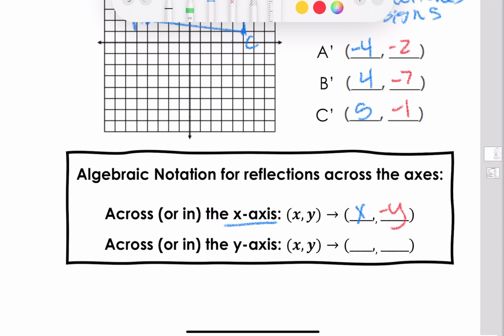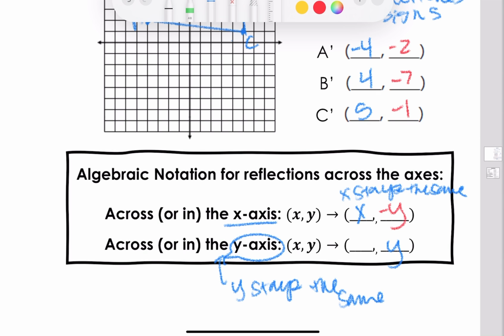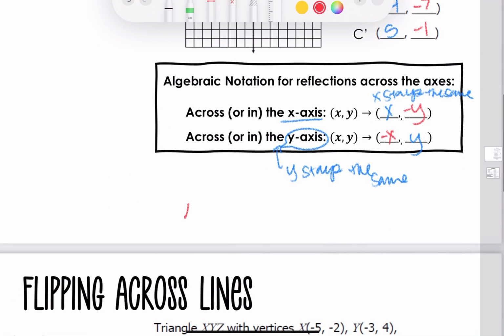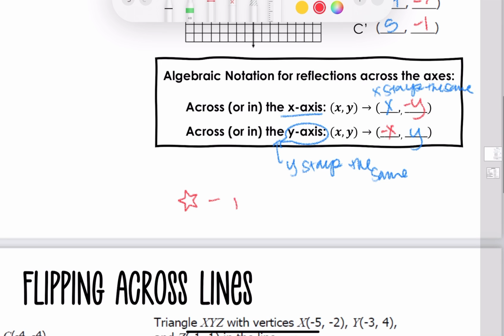And if it's the y-axis, that means your y stays the same and your x is going to swap signs. So remember, this negative means switch signs. It doesn't mean just put a negative in front of it.